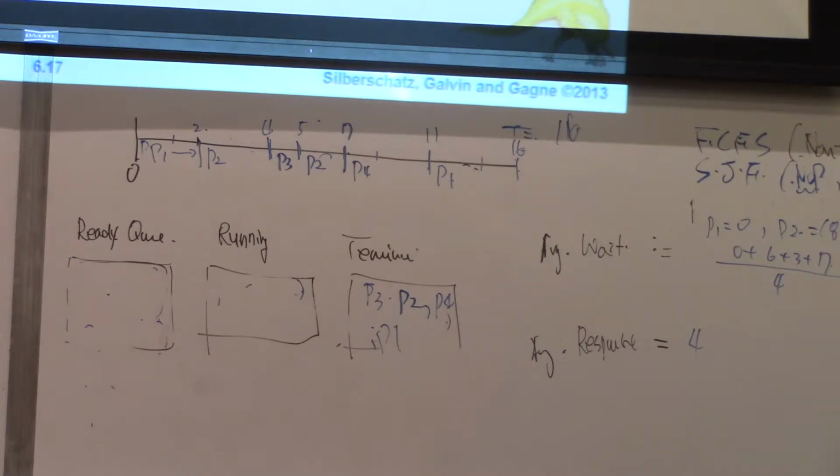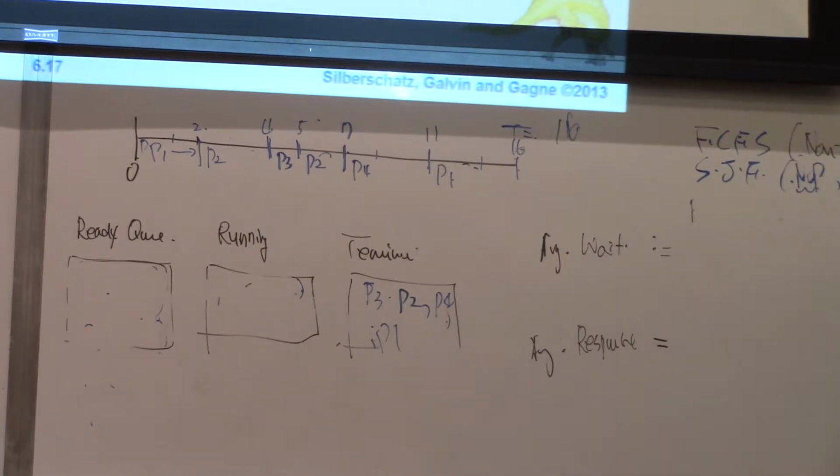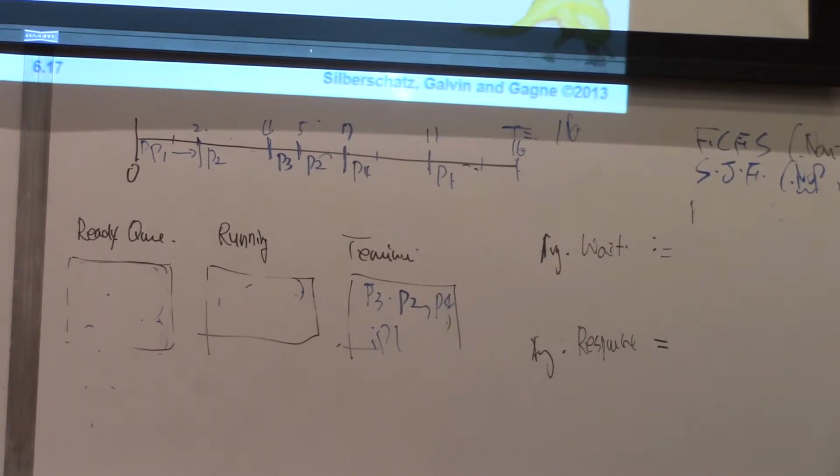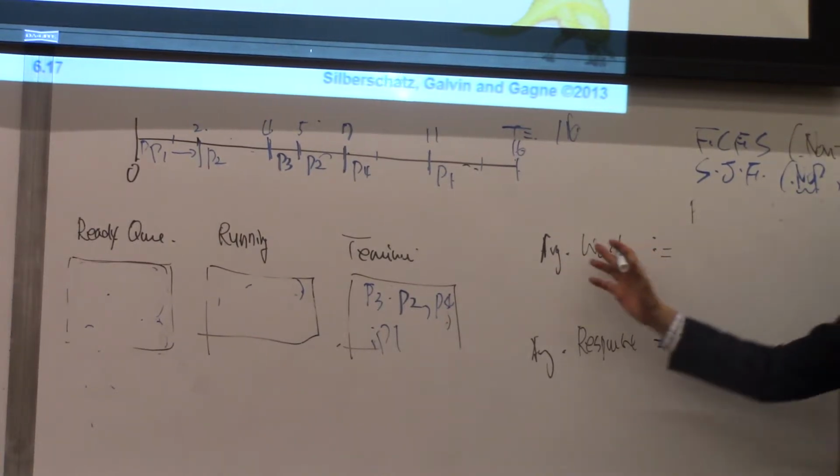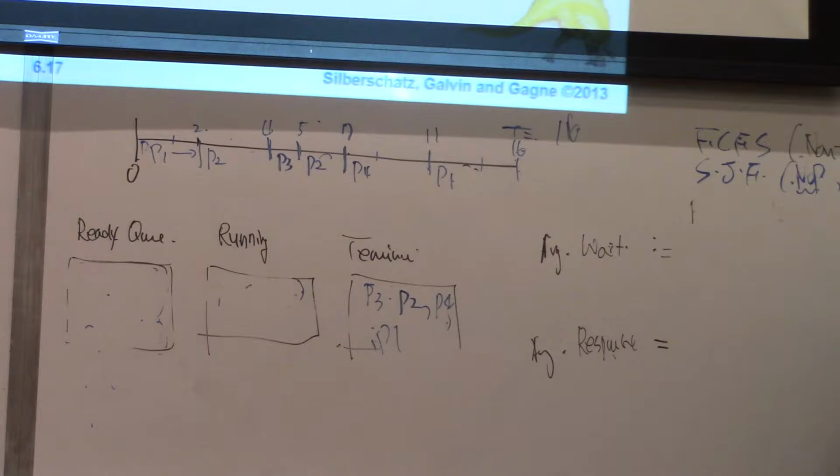Then check the performance using the average waiting time and average response time. Average waiting time is different from response time. First, the response time.